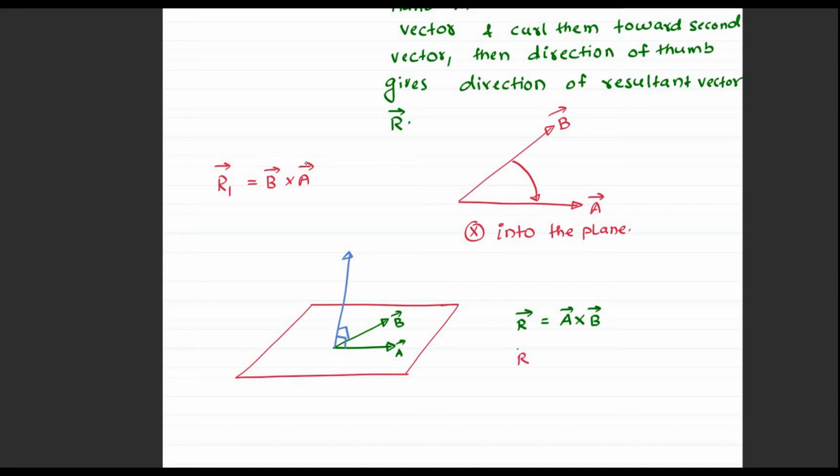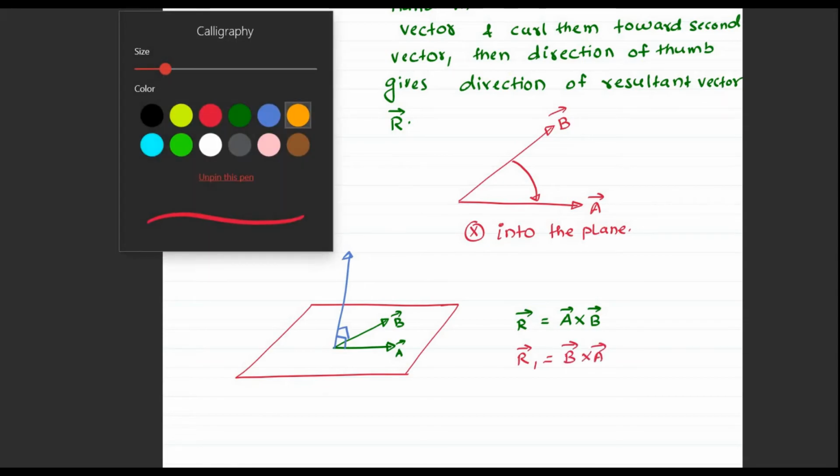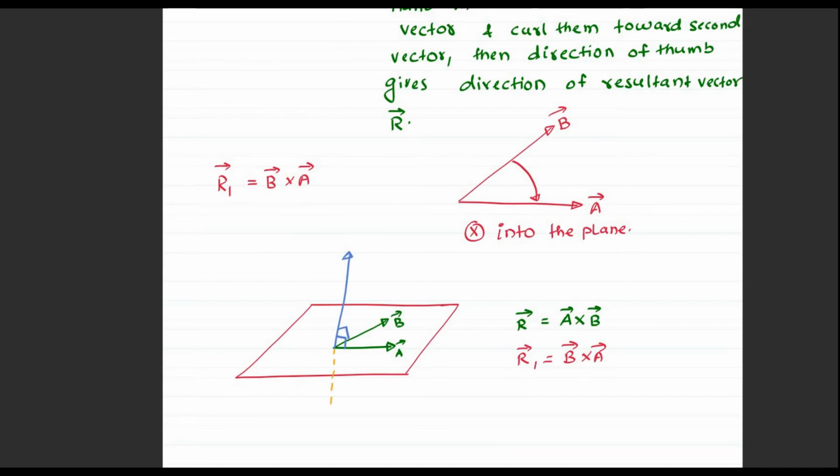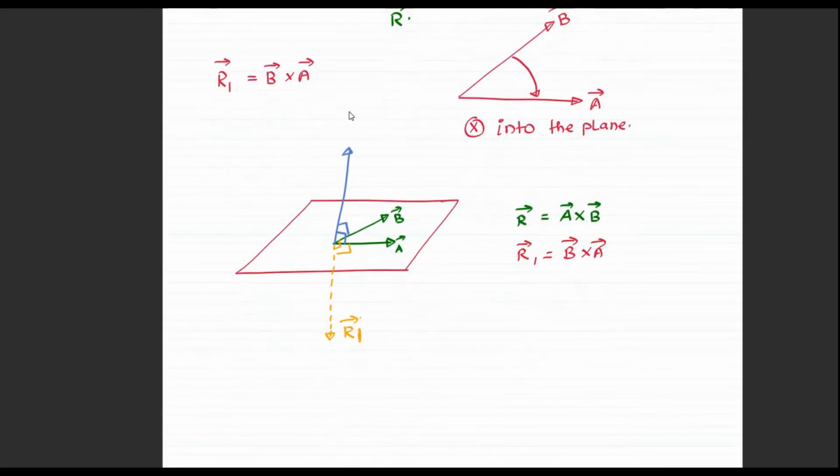और अगर एक वेक्टर लेते हैं R1 वेक्टर B क्रॉस A, तो वो प्लेन के नीचे होगा इस तरह से। वो भी A के साथ भी 90 बनाएगा और B के साथ भी 90 बनाएगा। इसका मतलब है कि हम बोल सकते हैं क्रॉस प्रोडक्ट में the resultant vector is perpendicular to both the vectors, right?